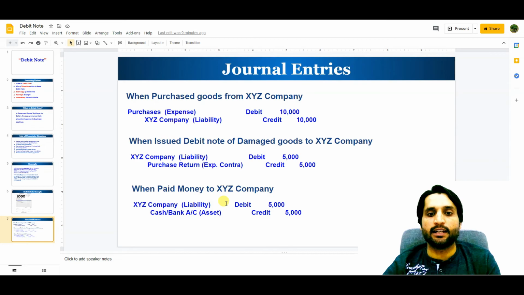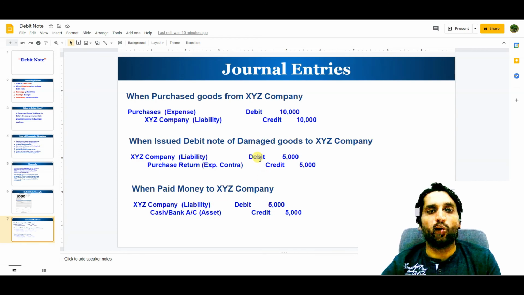XYZ company's liability account will be debited by 5,000 and the cash and bank account will be credited by 5,000. Because we are paying money, cash and bank will be credited, and to whom we pay money, XYZ company, the liability account will decrease by 5,000. So when we make this 5,000 entry, the XYZ company account will be 0.